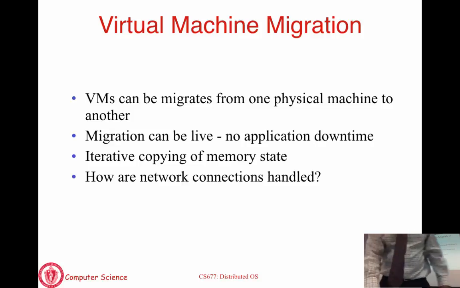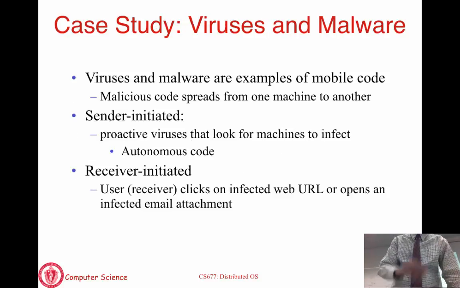All right. So one last case study before we move on, and that's another common case for code and process migration. The most common thing where this is used is actually malware, where malicious code is migrating from one machine to another, propagating itself, and then being used for malicious purposes.